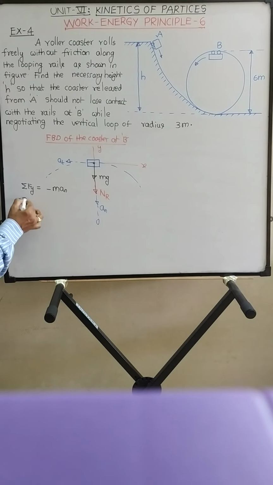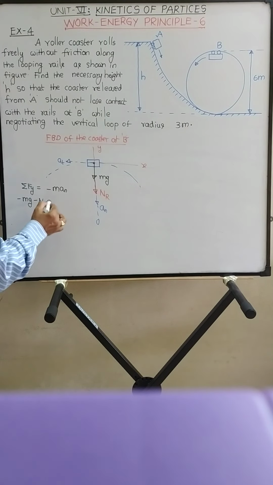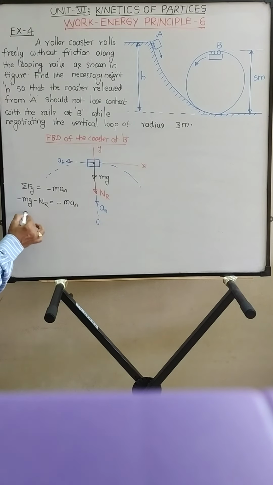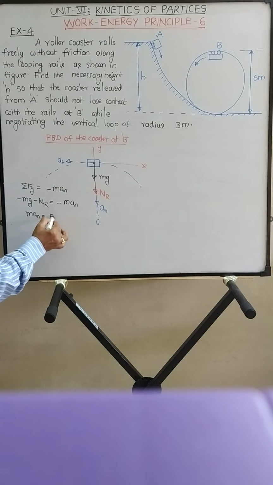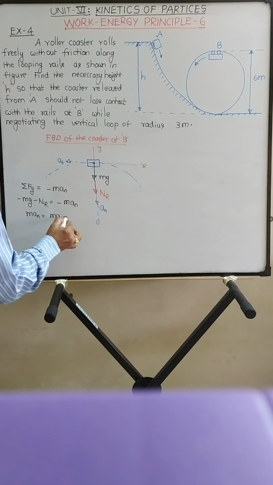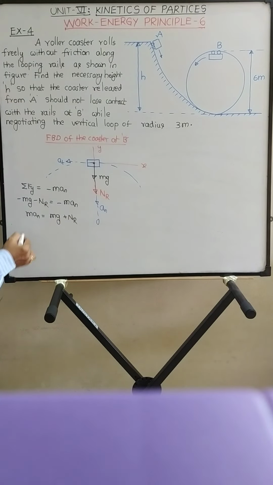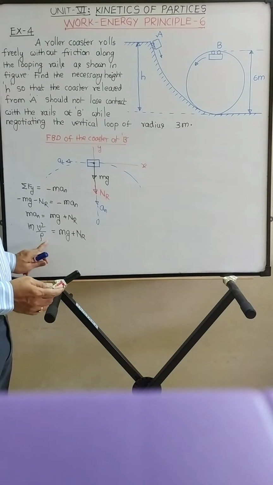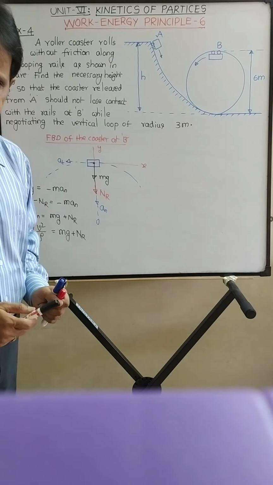So it is minus mg minus N_R is equal to minus m a_n. So it is m a_n is equal to mg plus normal reaction. So m into a_n, which is v square by rho, normal component of acceleration, is equal to mg plus N_R. Now here m, rho and g are constants.